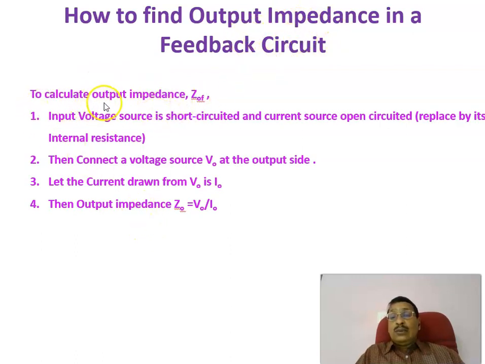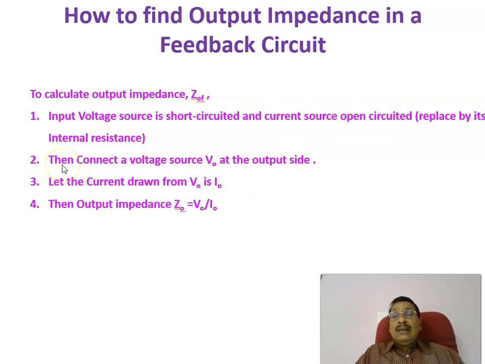First, if the input is a voltage source, it is short circuited, and if the input is a current source, it is open circuited. That means it is replaced by its internal resistance, if there is one. Normally, if you neglect the internal resistance, the voltage source will be short circuited and the current source will be open circuited.